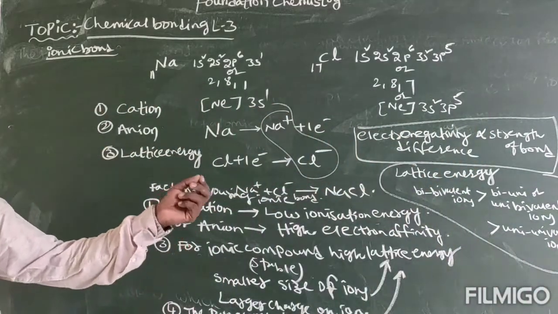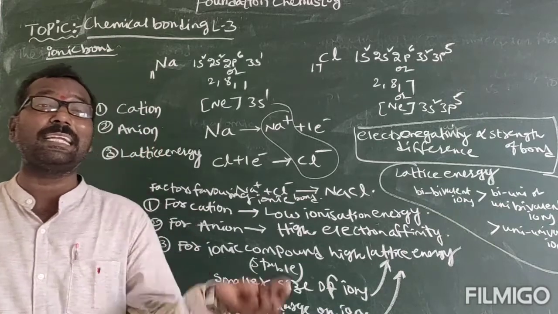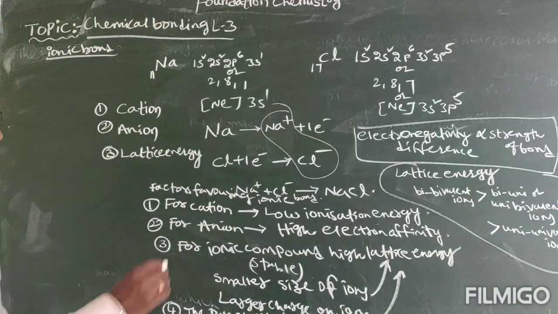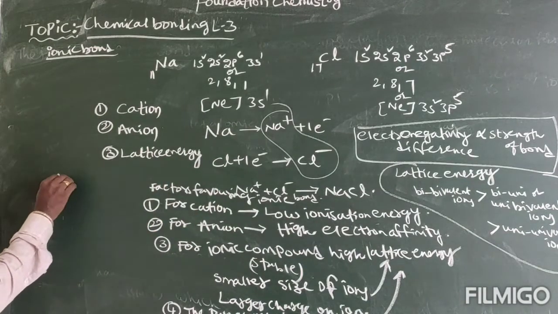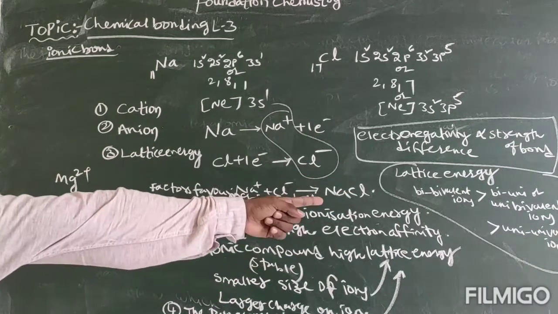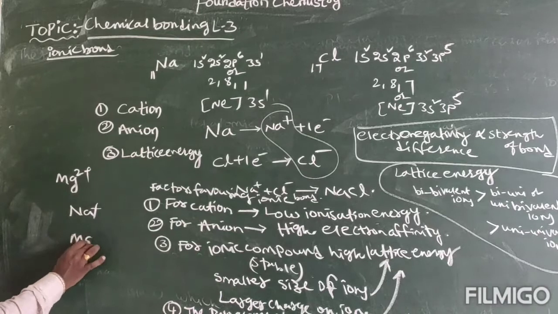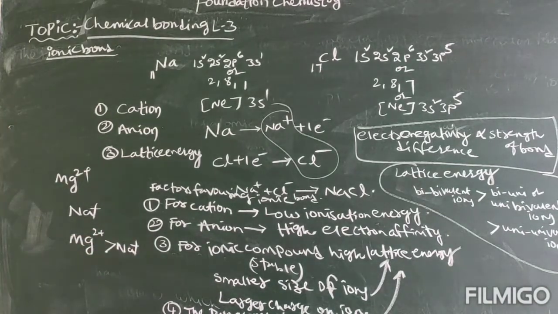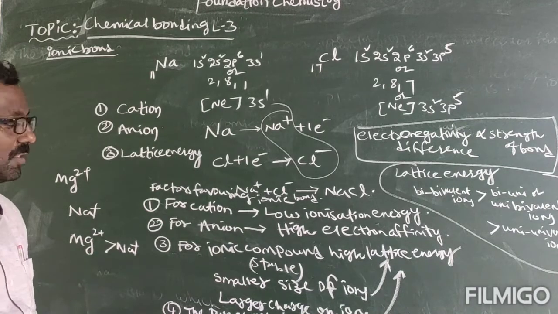Example, suppose you take Mg2+ and Na+. Which has more lattice energy? Bivalent ions is greater than univalent, which means Mg2+ is greater than Na+. This is the concept.